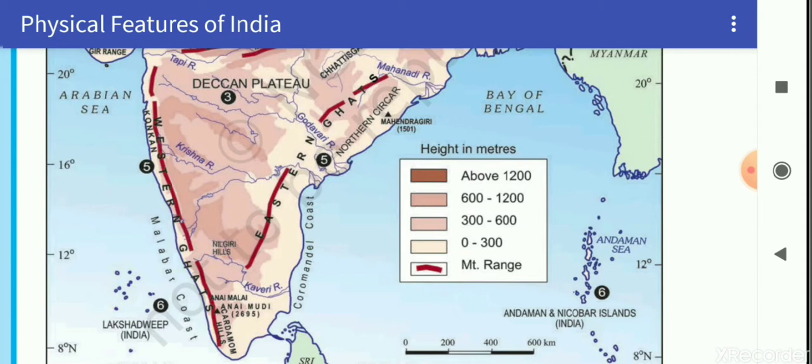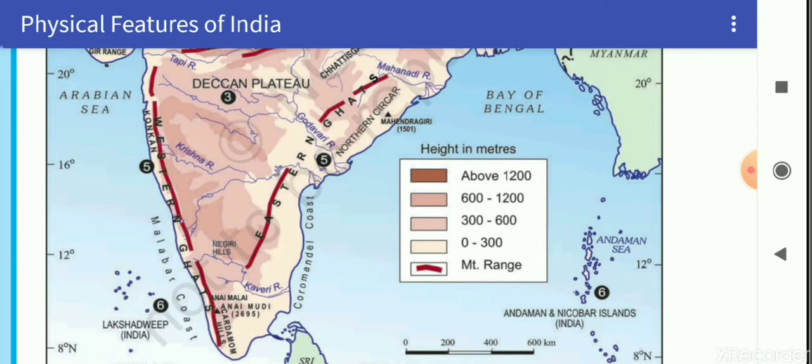First we are talking about the western coastal plain. Here we are going to learn with the help of points. The first point is nature. So here you can understand that the western coastal plain is a narrow coastal plain about 10 to 50 kilometer wide.